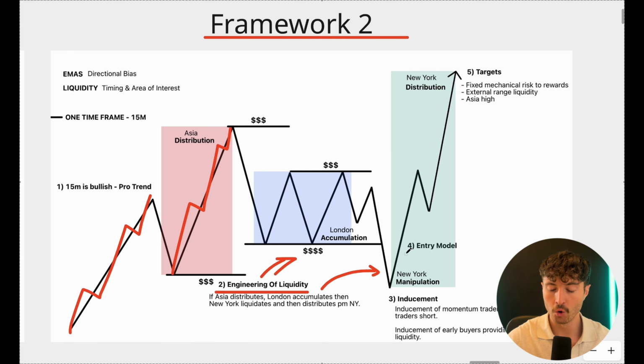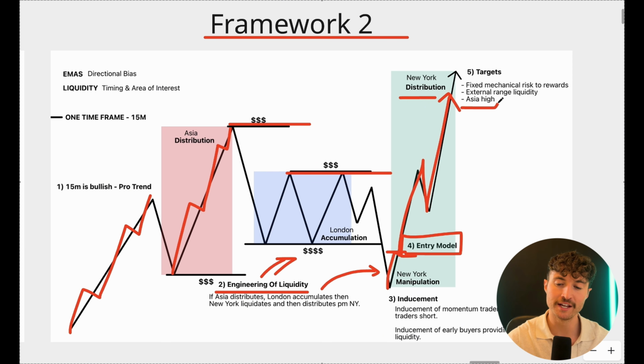And then again, the goal is to take part with an entry model that is mechanical and fully defined. Then once we position, we can look at taking part in the New York distribution phase. This is where we can look at targeting mechanical fixed risk to rewards, external range liquidity, and we also have intraday session highs for targets as well.